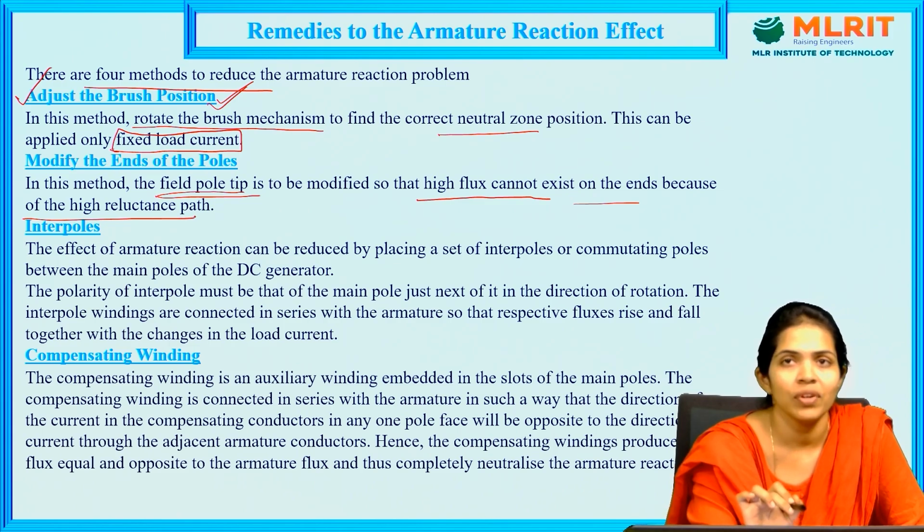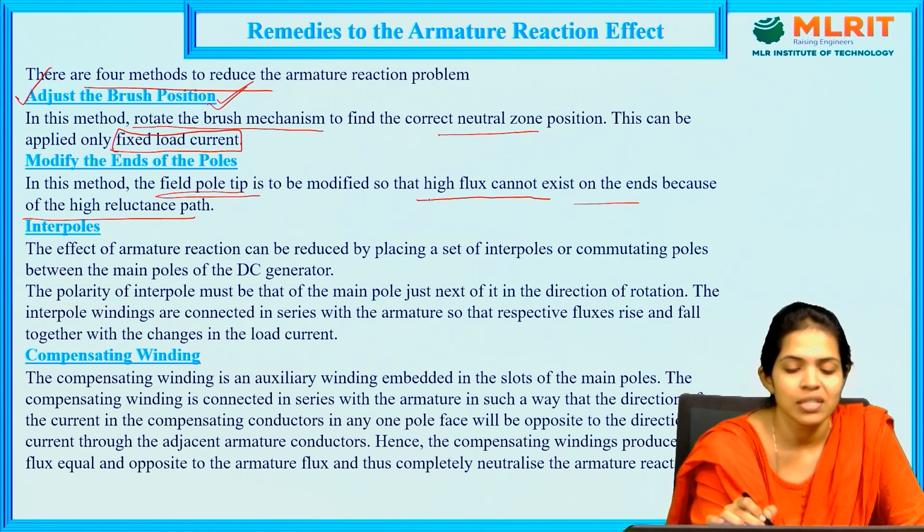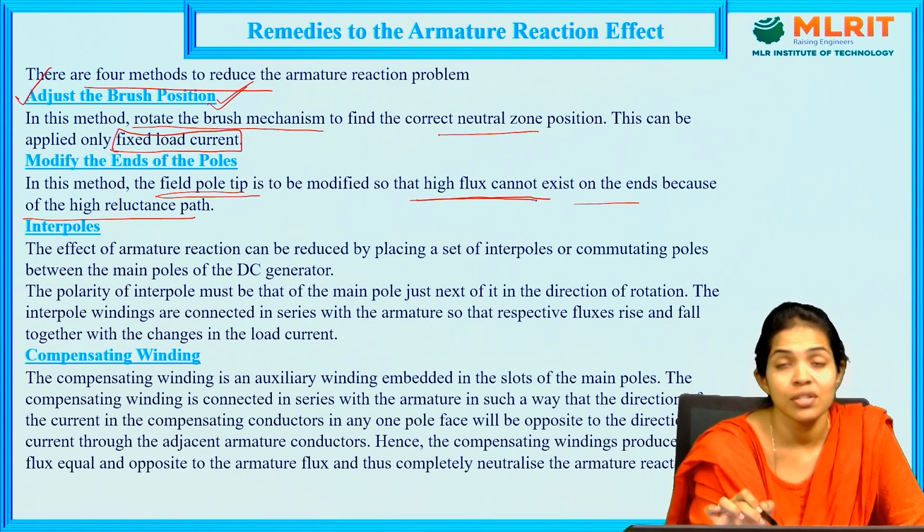We have to make sure that there is a uniform distribution of the flux among the main field poles, such that there are no regions of high flux concentrated only on particular tips of the poles.